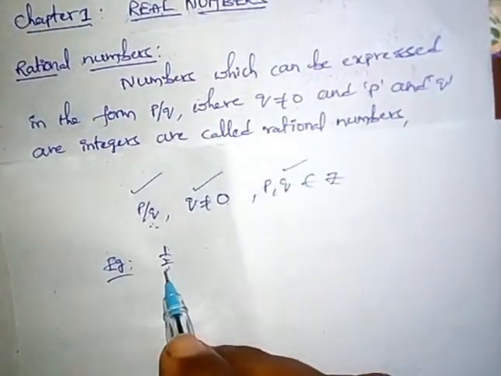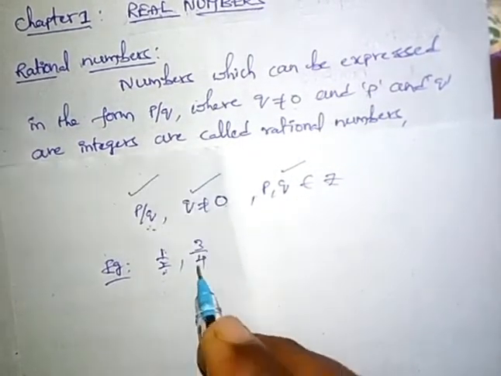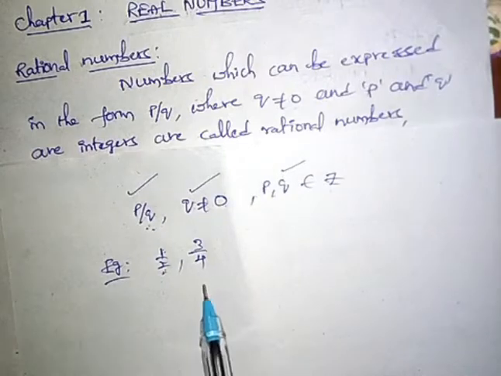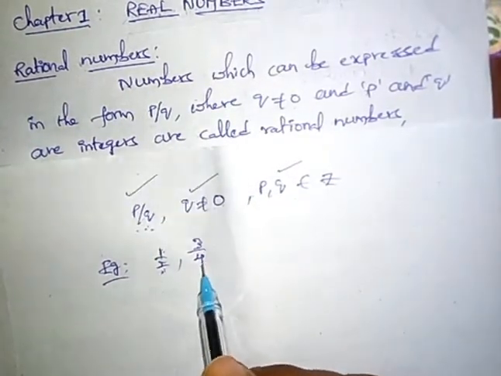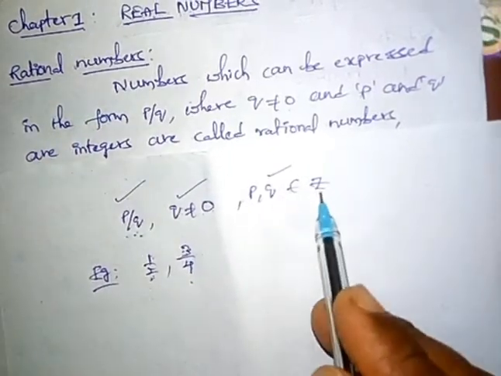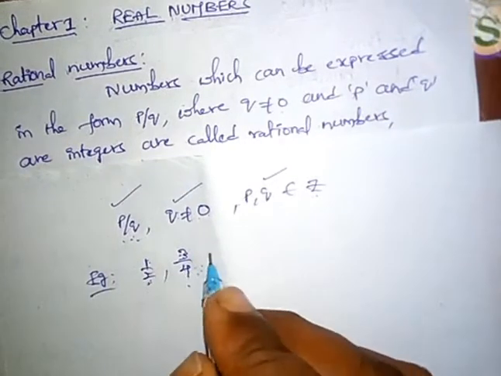That's why this is a rational number. And I give you one more example, that is 3 by 4, which is also a rational number because this is in the form of p by q, the denominator is not equal to 0, and p, q belong to integers. So this is also a rational number.